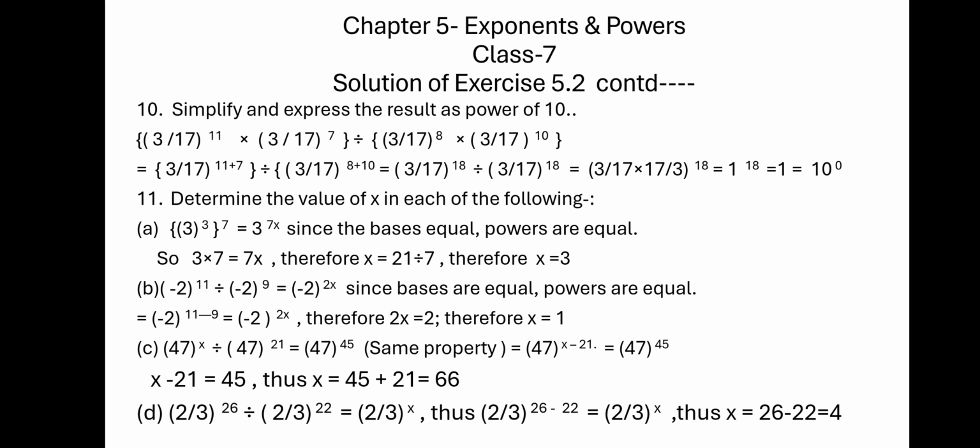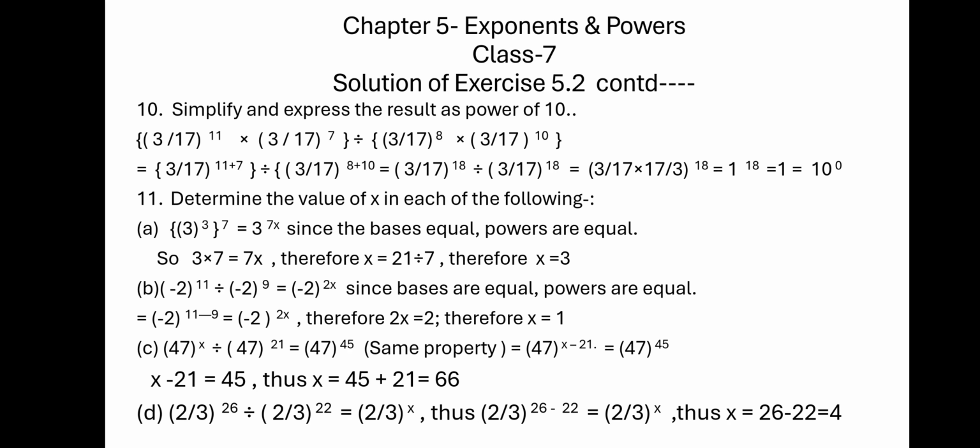Now the first bracket, when you solve, is (3 upon 17) raised to the power of 11 plus 7, divided by (3 upon 17) raised to the power of 8 plus 10. So (3 upon 17) raised to the power of 18 divided by (3 upon 17) raised to the power of 18.